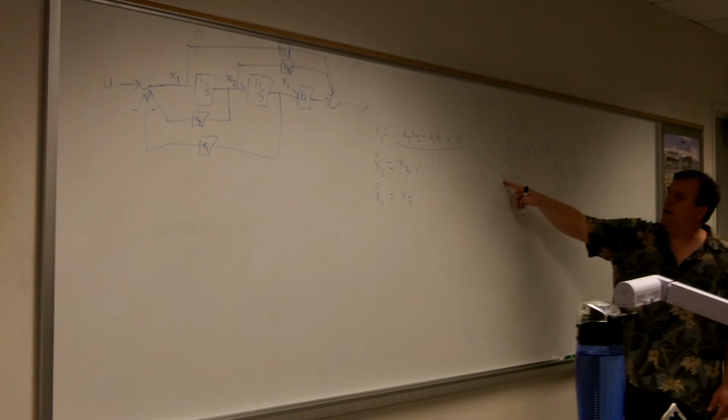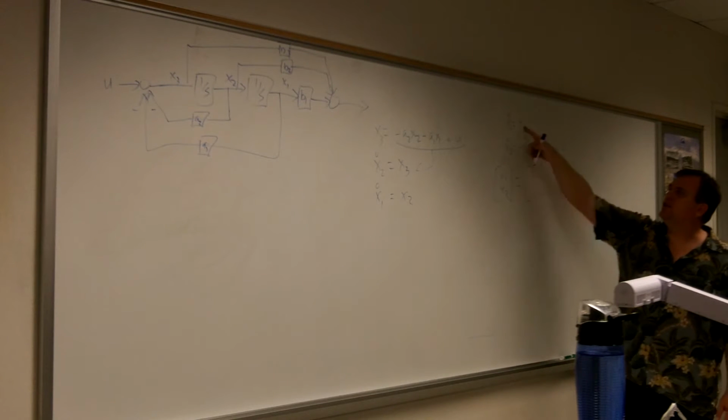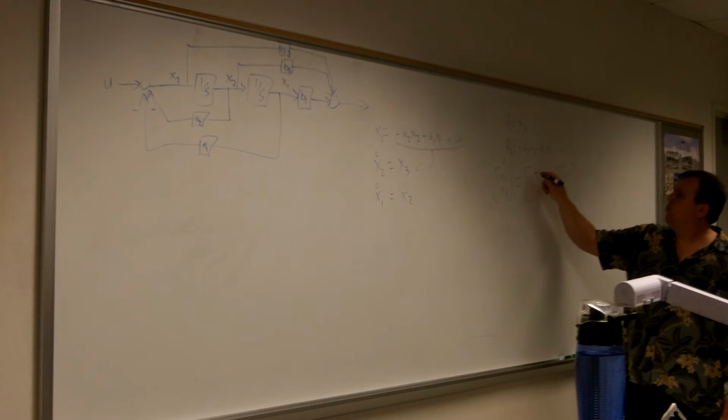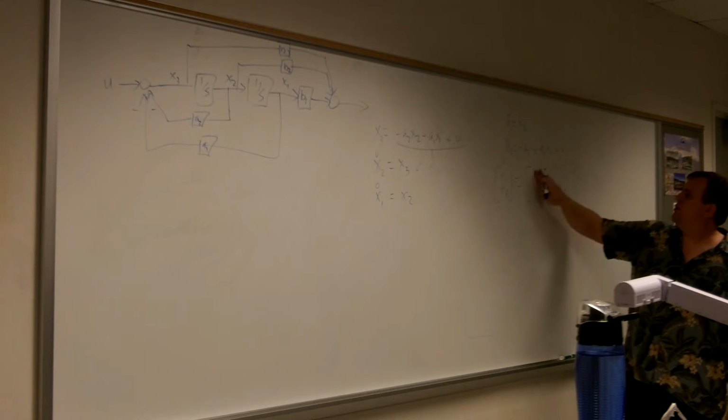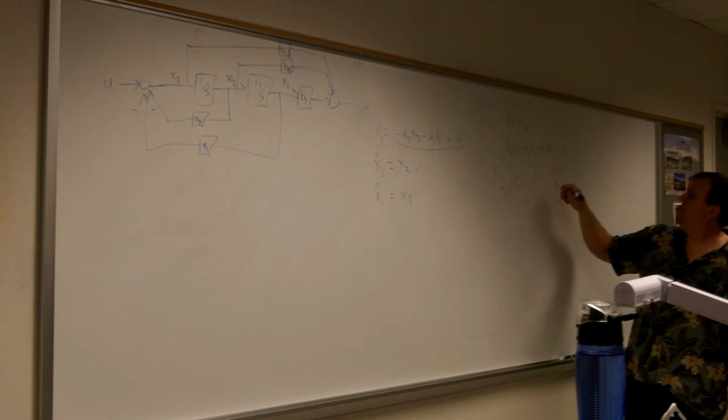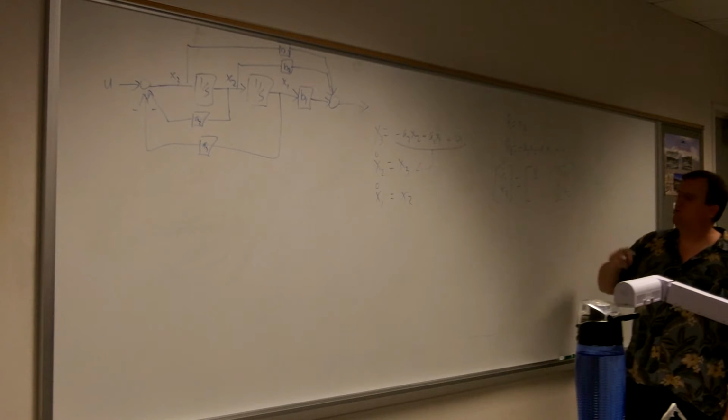The top row, x1 dot, is just x2, which means none of the x1s and one of the x2s.